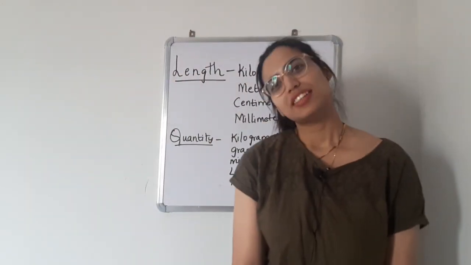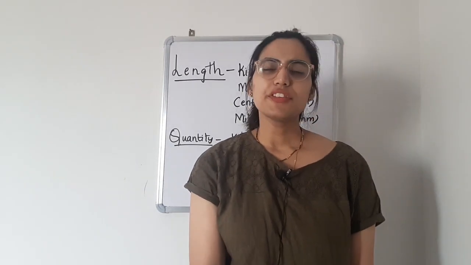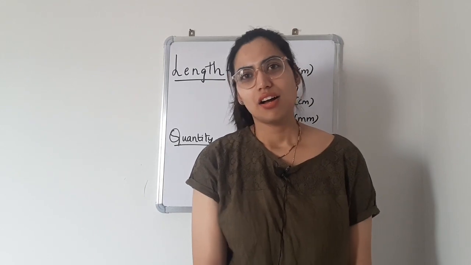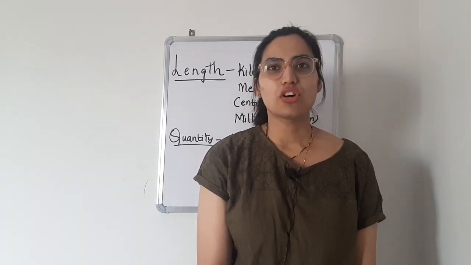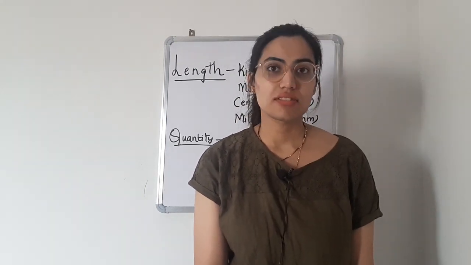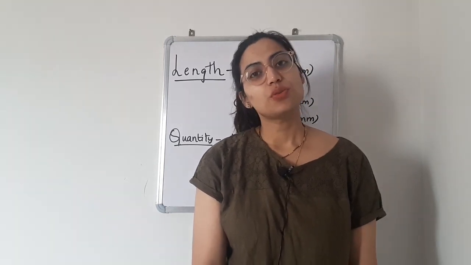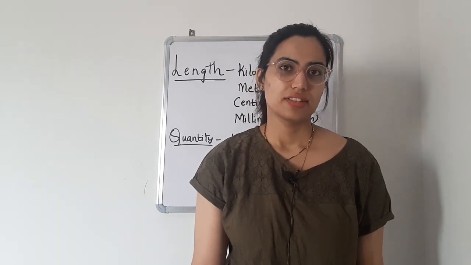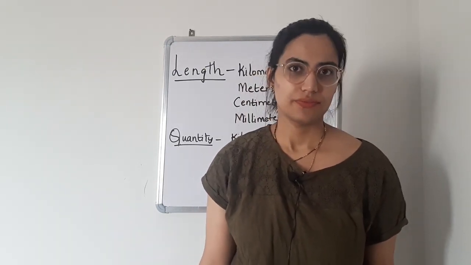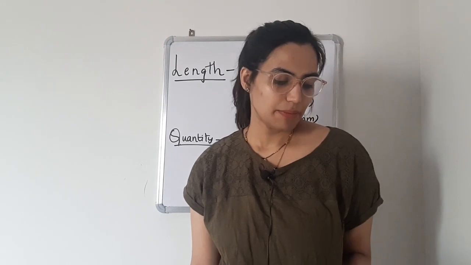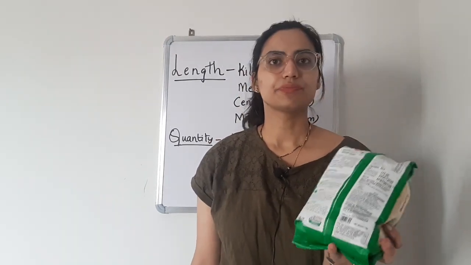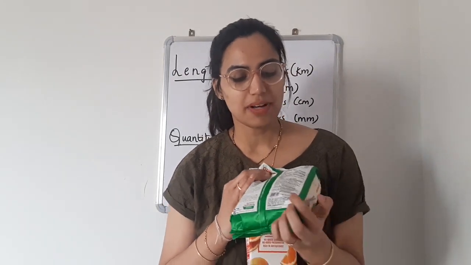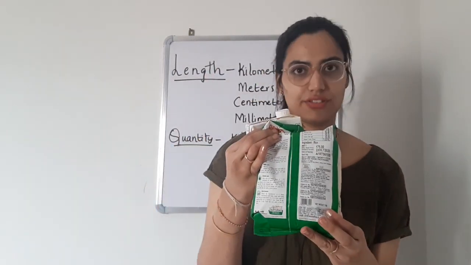And let me ask you another quick question. Have you ever seen your chips packet or your rice bag or your groceries like peanuts, etc.? What is the unit of measurement of those items that are in a solid form? So for example, this rice bag here: the unit of measurement of this rice bag is 1 kilo, written here.